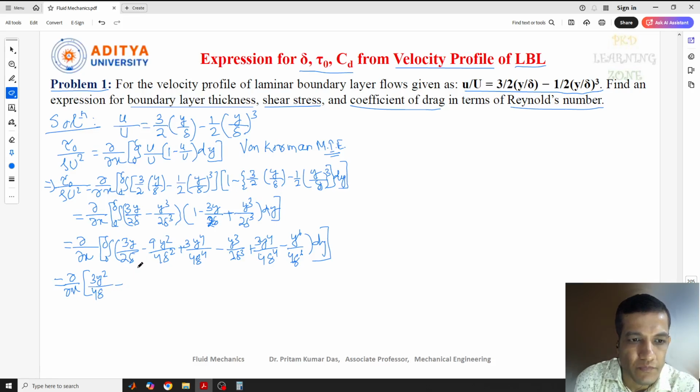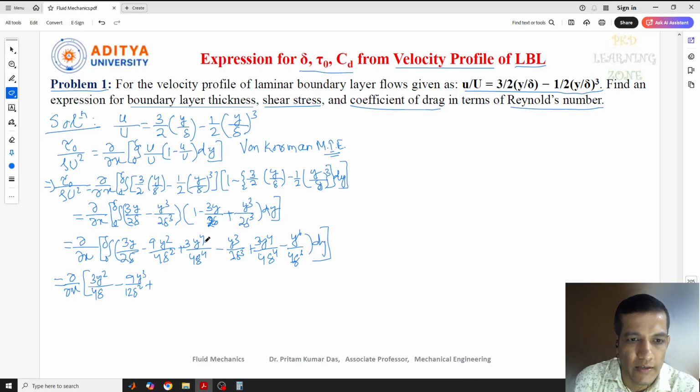Similarly minus, again here y square by 2. So this will be like 9 by, here what will we get, y cube by 3. So 3 into 4, that is 12 delta square, and here y cube.